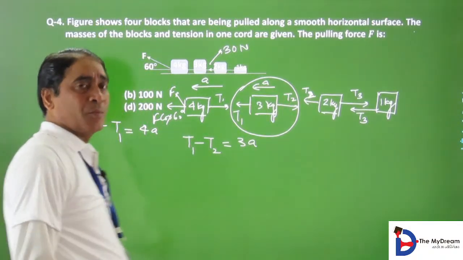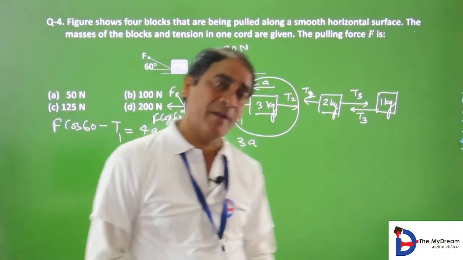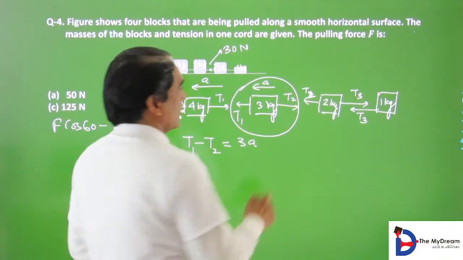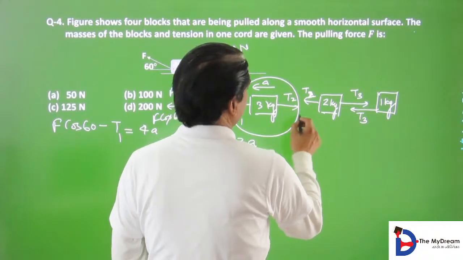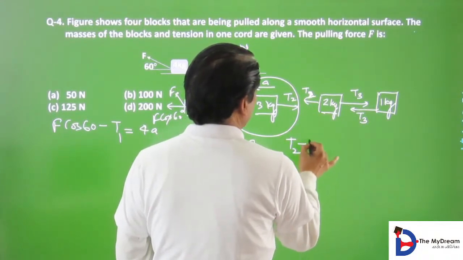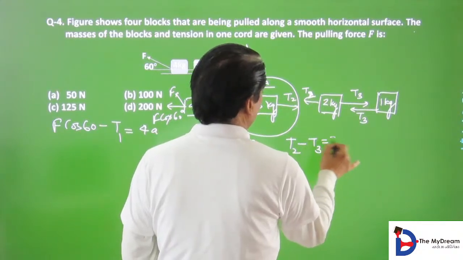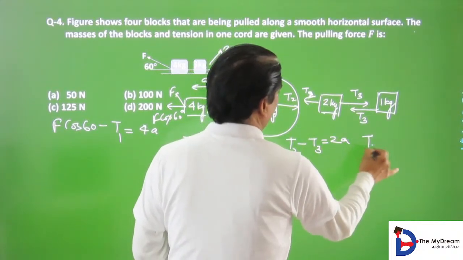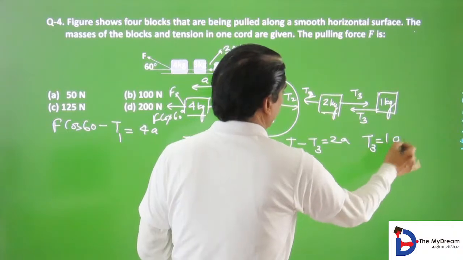The system is moving with uniform acceleration a. And this is 2 kg: T2 minus T3 is twice of a. And T3 is equal to 1 into a.